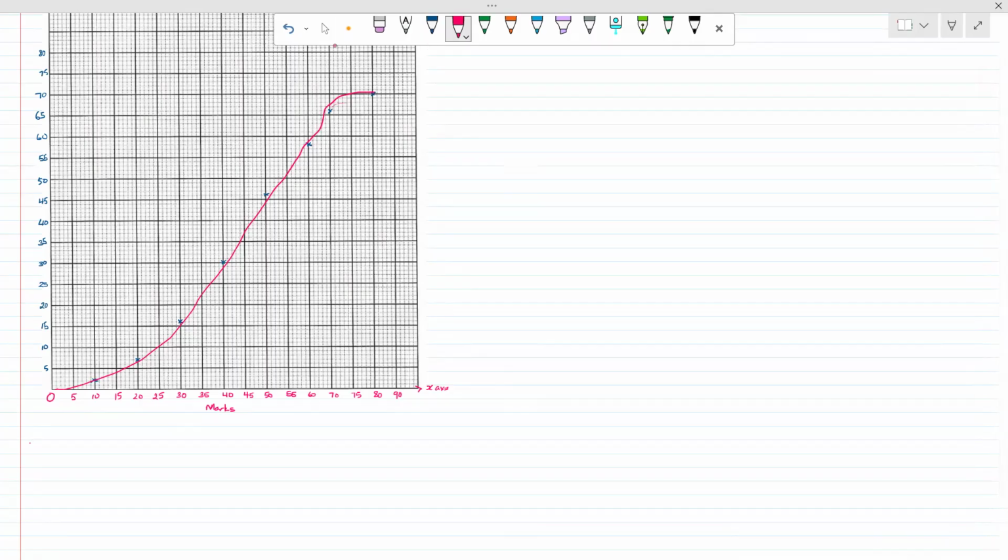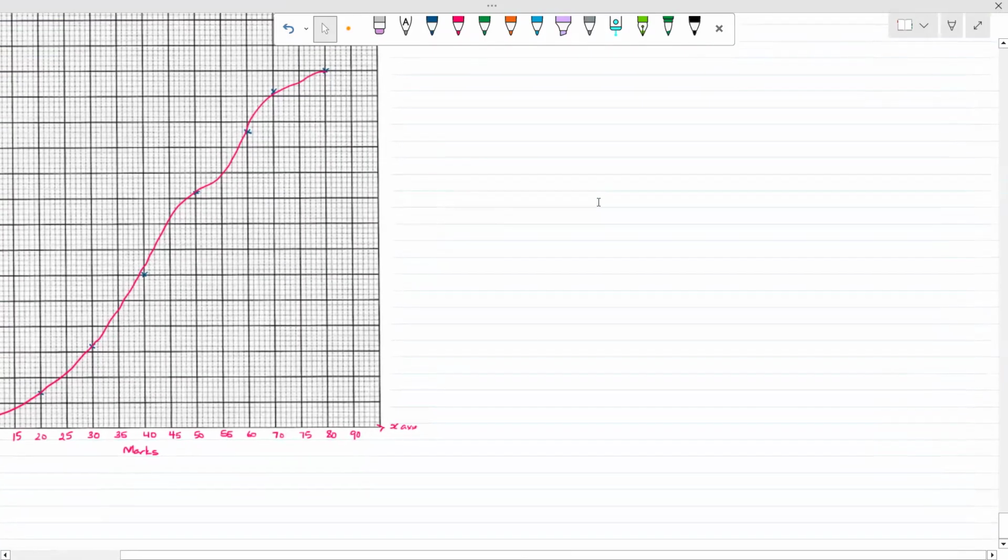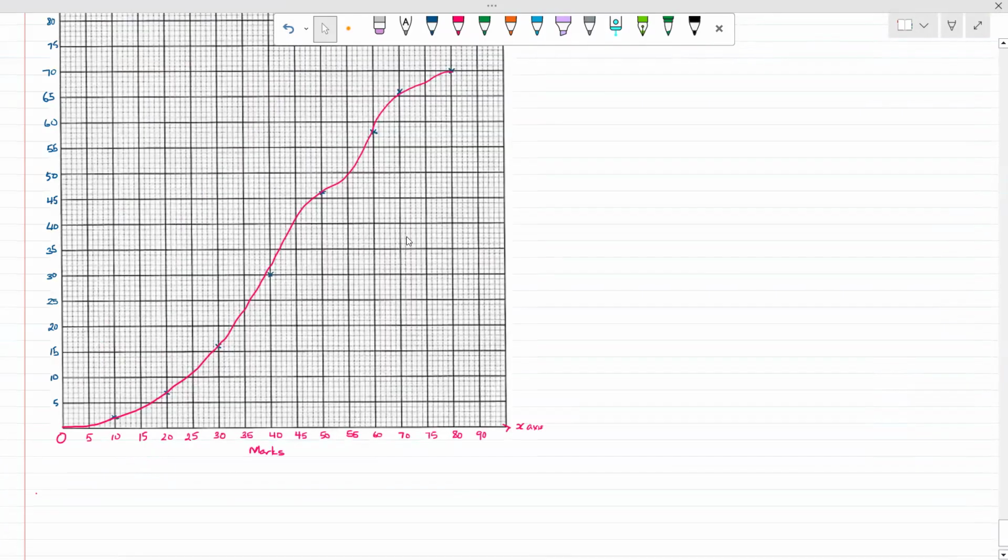Yeah, that's the best I could do. Something like that. You probably draw a better curve on paper than I would on the screen. Right, and that's what our cumulative frequency curve looks like.